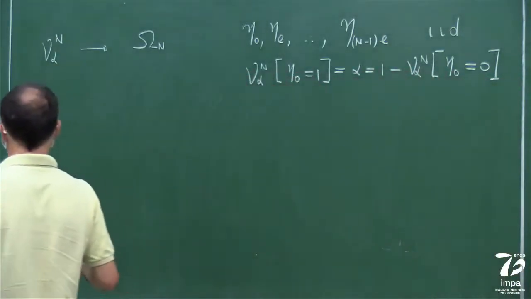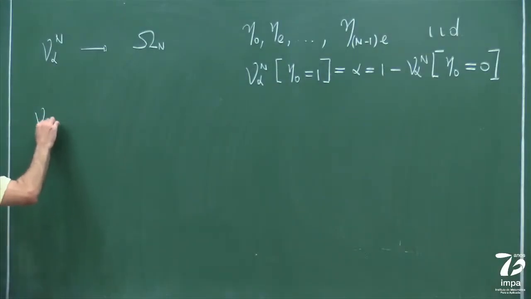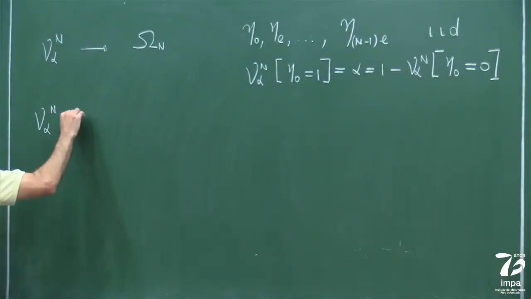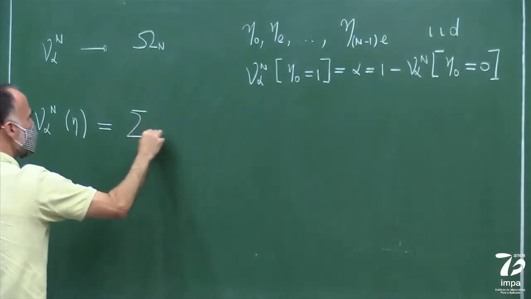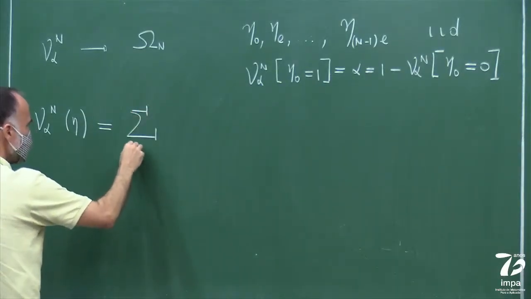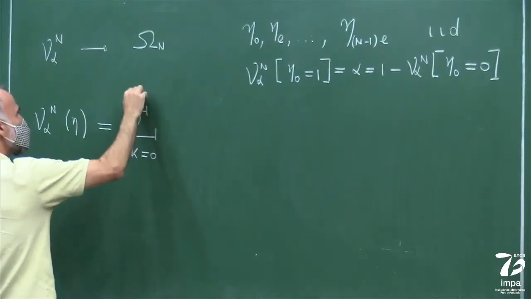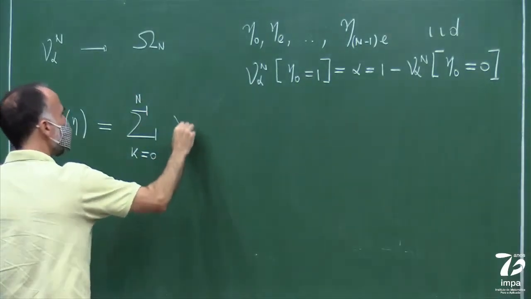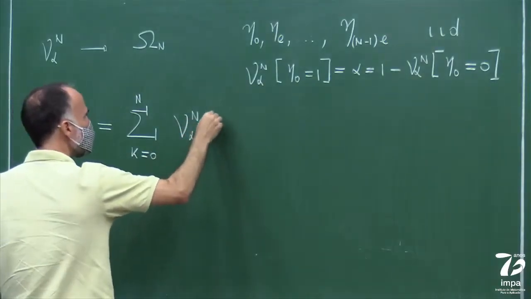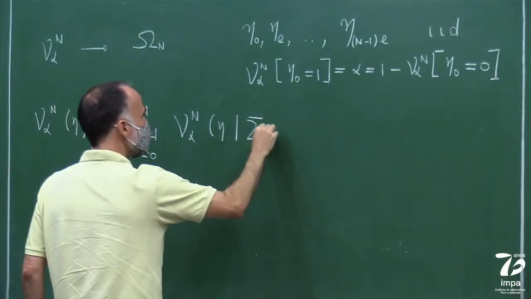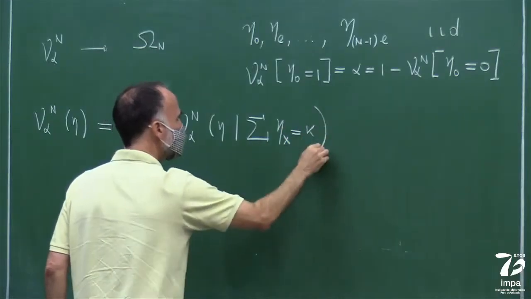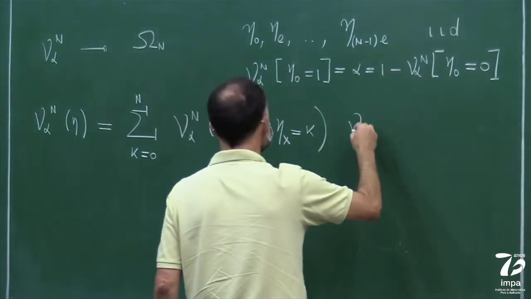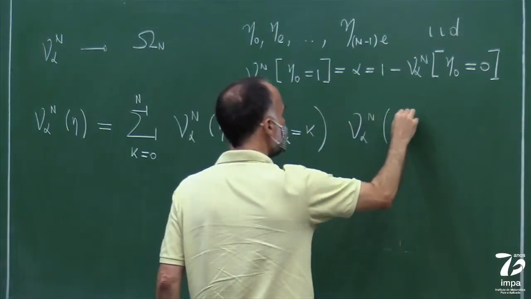Now, if I consider a configuration eta, I can write this as the sum for k from 0 up to n of nu alpha n of the configuration eta, given that the sum is equal to k, times the probability that the sum is equal to k.